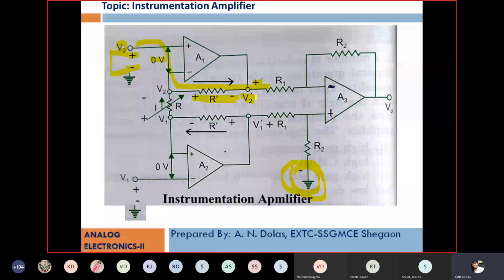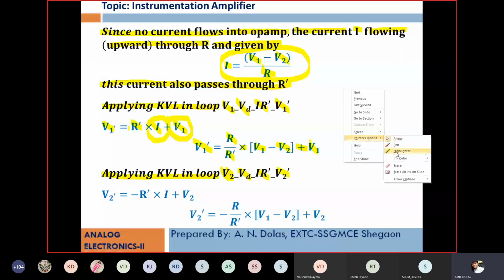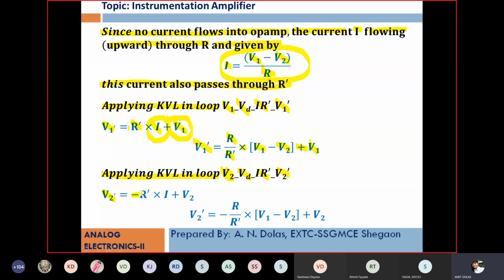So calculating value of V2 dash after application of KVL, we have V2 dash is equal to minus of R dash into I plus V2. Putting the value of current I, which is here, V1 minus V2 divided by R. So V2 dash will be equal to, minus sign is very important, minus R upon R dash into V1 minus V2 plus V2.